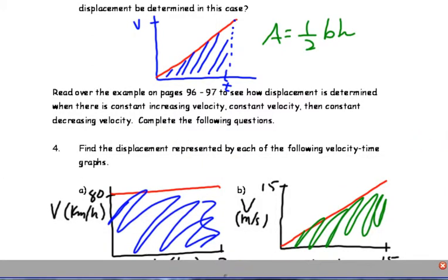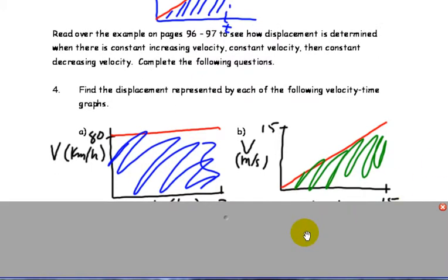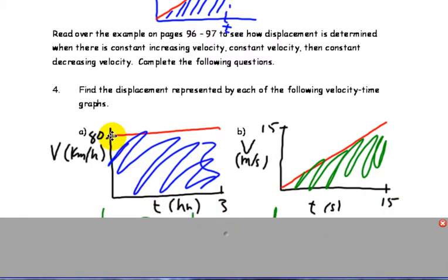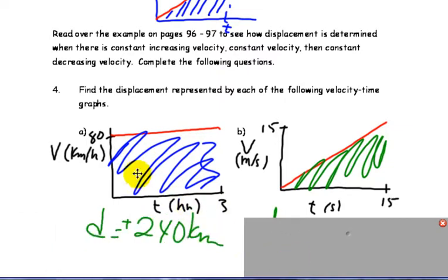So if we look at some of your graphs here, yours are much neater than mine, but they get the point across regardless. So here we have a graph in which we're going at 80 kilometers per hour for 3 hours. So of course 80 multiplied by 3, 240 kilometers.